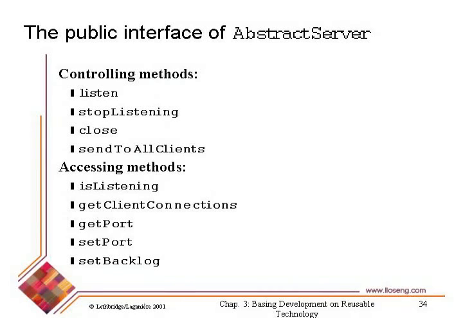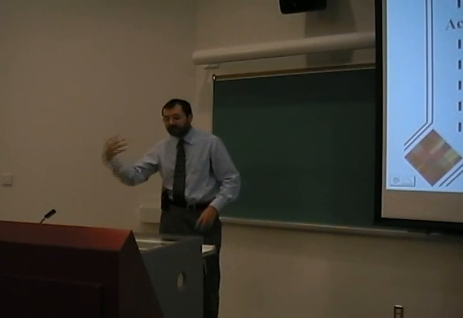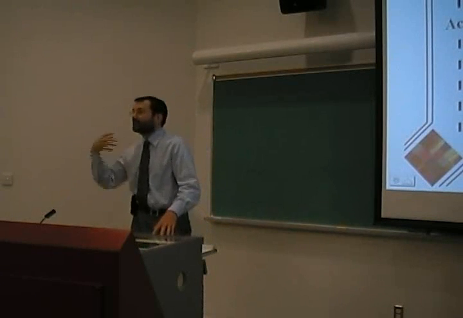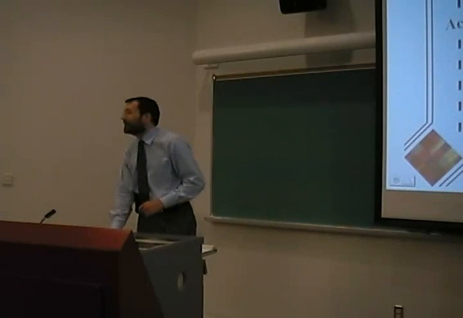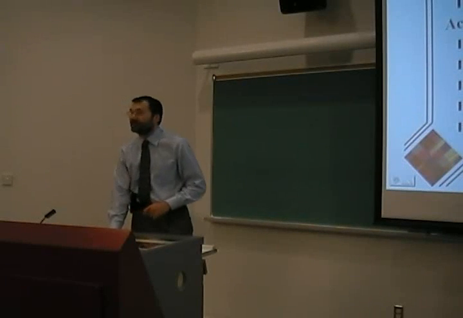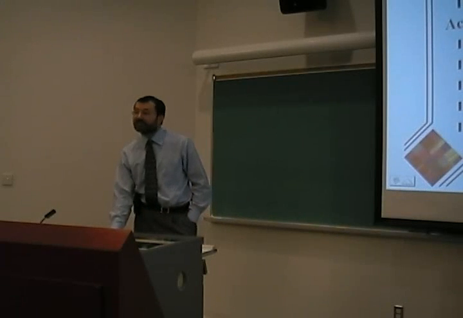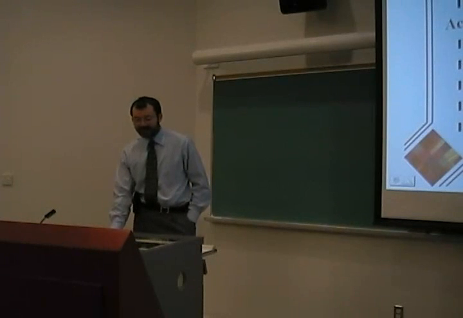But if I want to send a message to just a few of them, or search for a client that matches a particular pattern, or has a particular name, I've got to call get client connections and then go searching through the list for certain criteria. Okay? So in actual fact, we'll see that get client connections will use the iterator mechanism that we talked about the other day. It's quite a sophisticated mechanism, whereas is listening is simple.